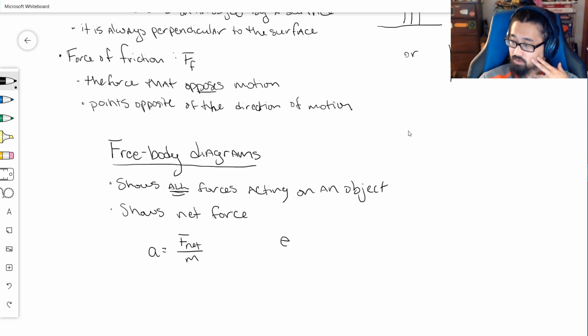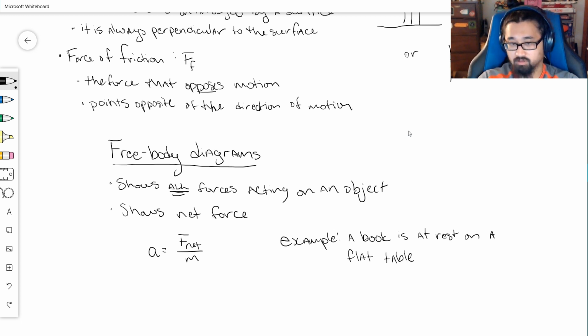For example, a book is at rest on a flat table.